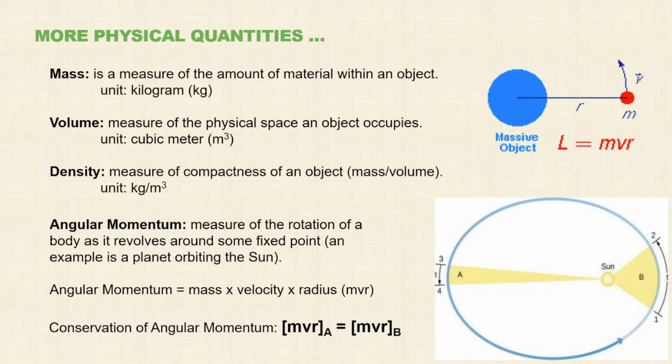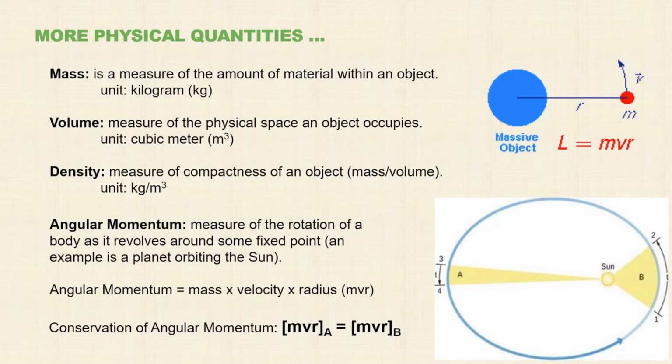There is always conservation of angular momentum when objects go in this type of circular or elliptical path. Conservation of angular momentum means whatever angular momentum an object has at this point, mvr, mass times velocity times this distance r from the sun to the planet, I can find that product.